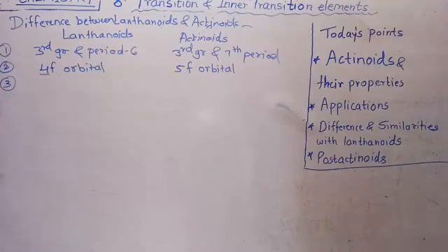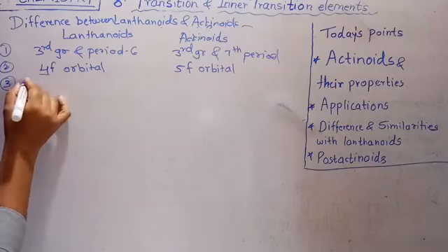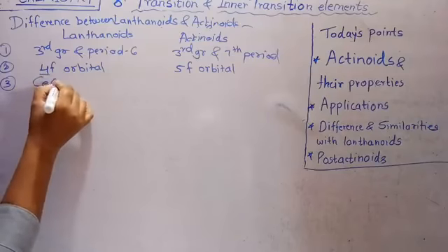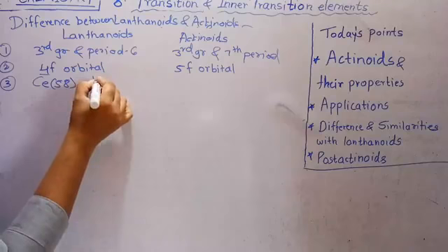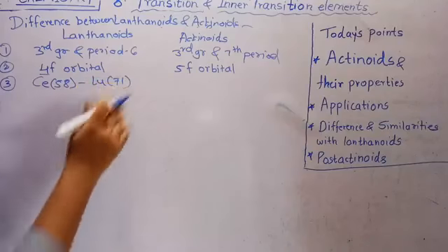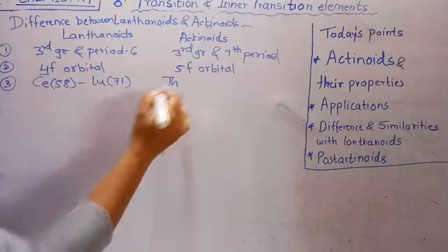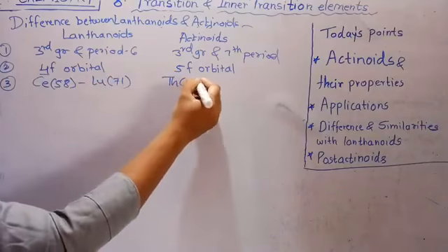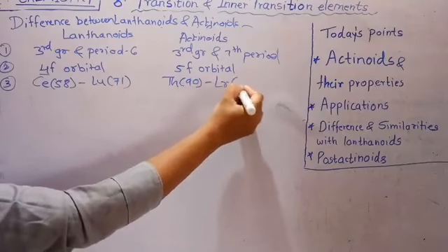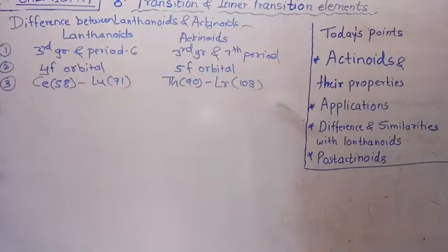Then third, their elements. Lanthanoids start with lanthanum, or you say cerium 58 to lutetium 71, and actinoids start with actinium, then thorium 90 to lawrencium 103. Then the next difference is their general electronic configurations.